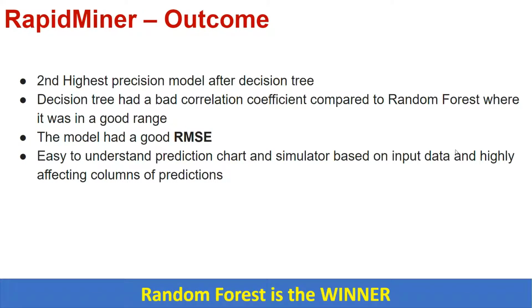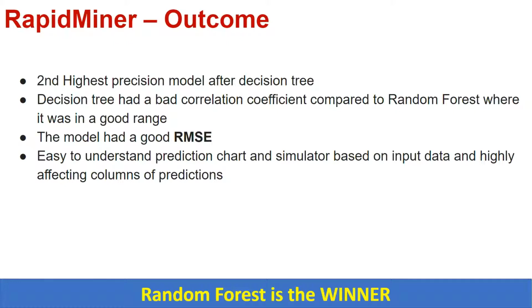So by looking at all of the previous details in our model comparison and the journey that we've done, having to clean the data, having to rerun the models with different configurations, we concluded that using RapidMiner, random forest was the best ML model to use in this case to predict the gender selection.